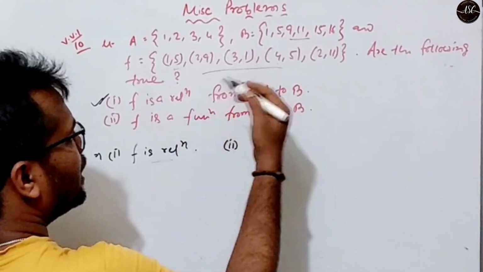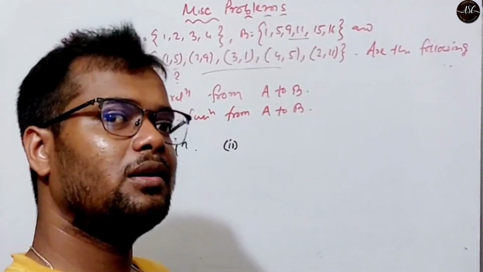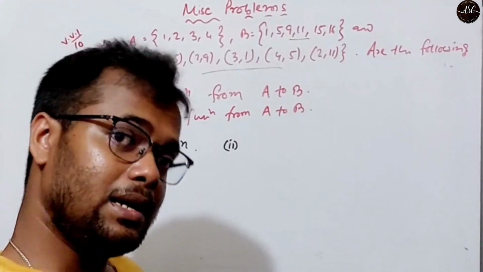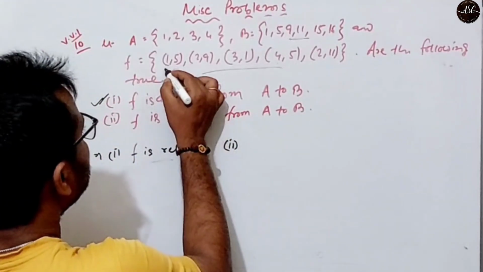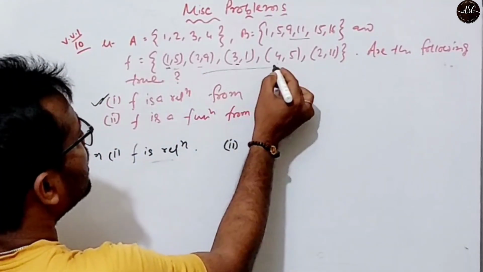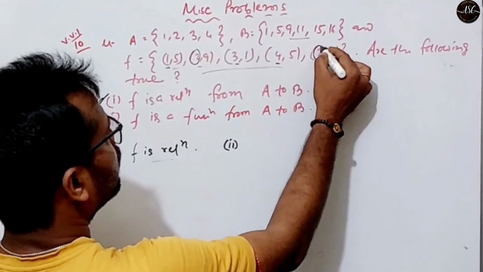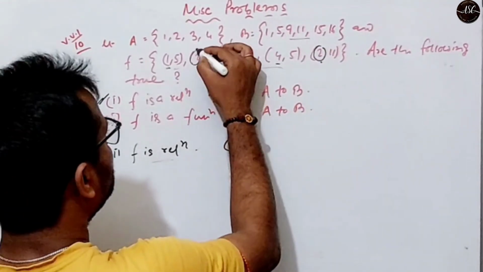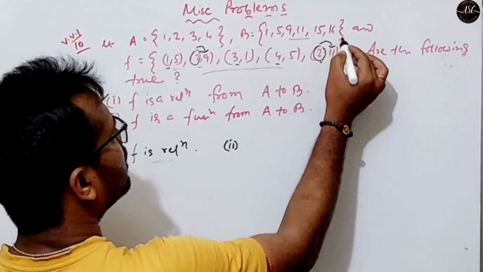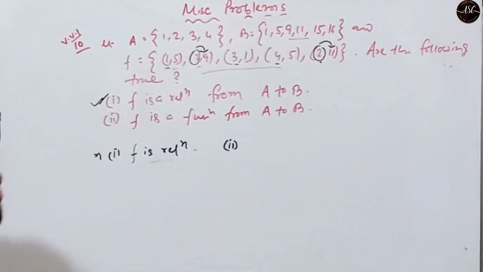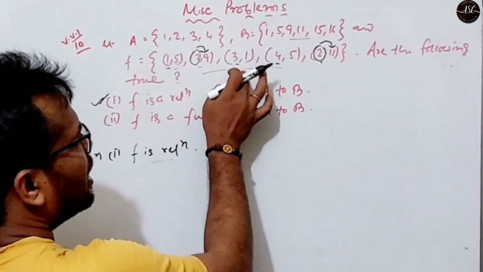Now for the second, we have to check that every first element has a unique image in the second element. Looking at the first elements 1, 2, 3, 4 and 2, the element 2 is repeated. Here the image of 2 is 9, and here the image of 2 is 11. So this cannot be a function.